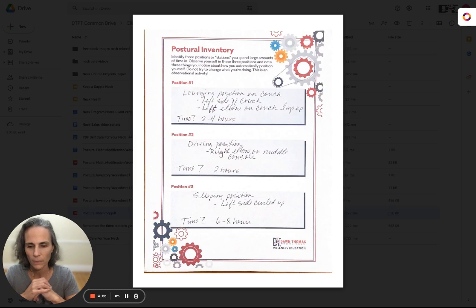And then obviously I'm sleeping for a good amount of time, hopefully. If I look at those hours, I've got 4, 6, 14 hours there that I'm probably in one of these positions. I do move a lot throughout the day, but still I'm in one of these positions.